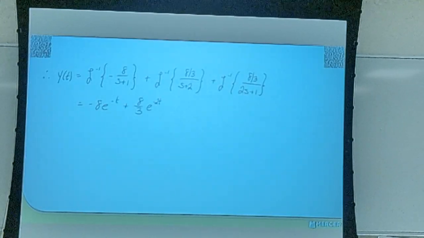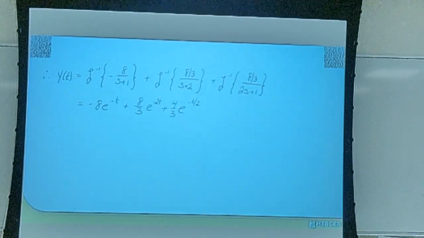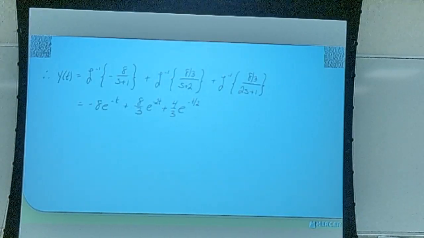You are correct, but I don't like the answer. 4/3. 4/3. Well, you have to factor out that 2 from the denominator. So write it as s plus a half. There's your solution.